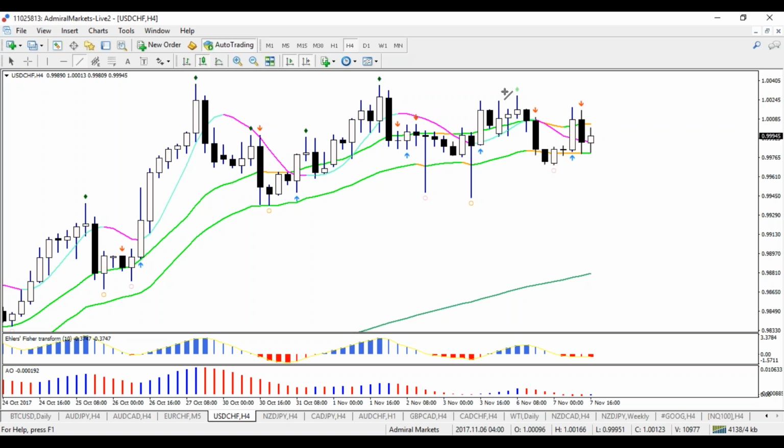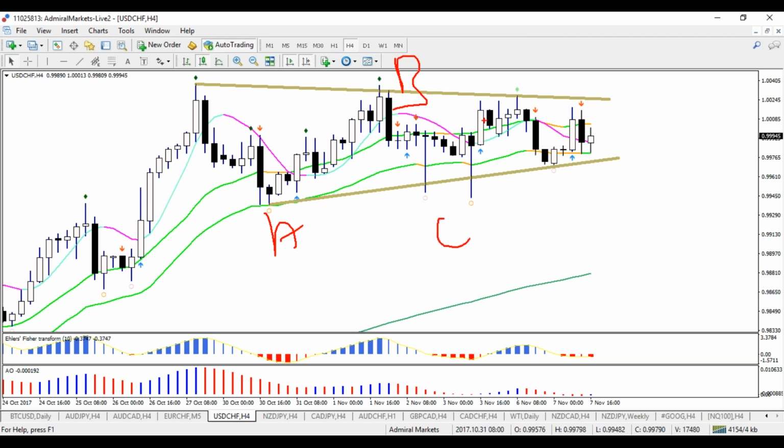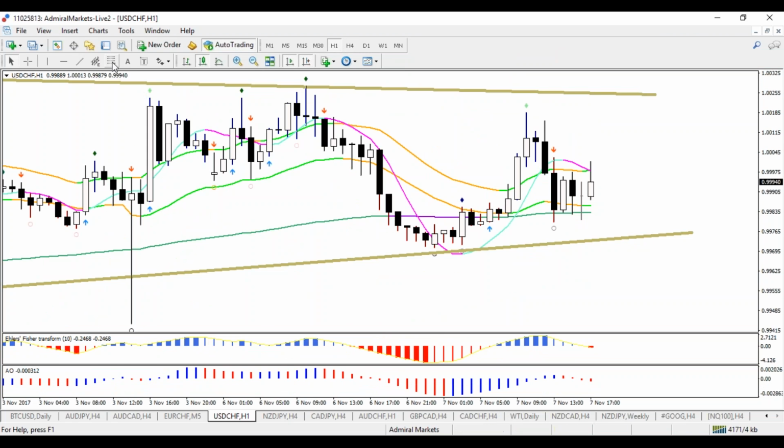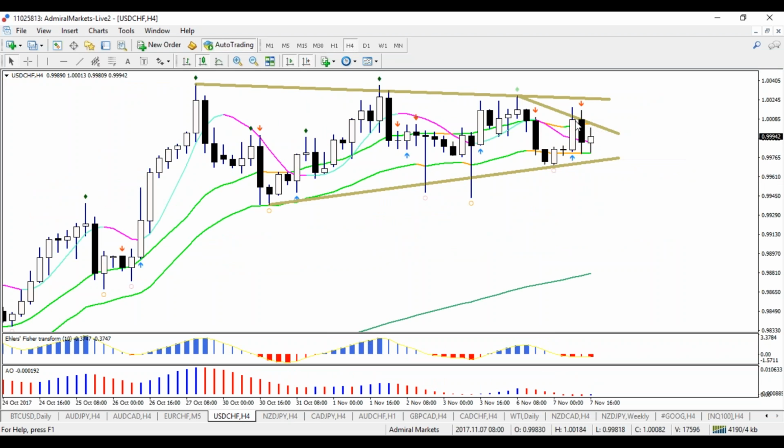Pretty good correction here. Looks like an ABCDE triangle, in the sense that this is A, B, C, D, E. It's not something I trade myself, but if it does break above this resistance trend line, it could be a breakout to the upside, especially if it also has a good close above this resistance trend line.